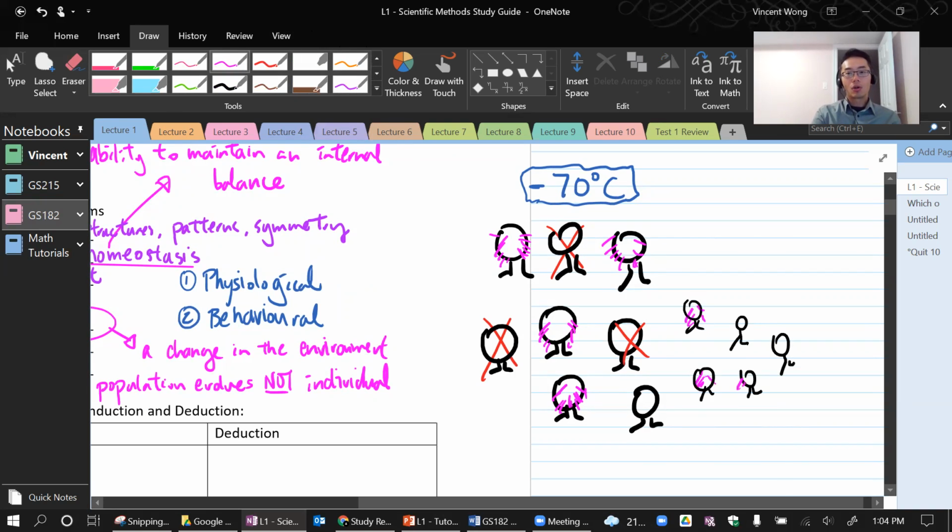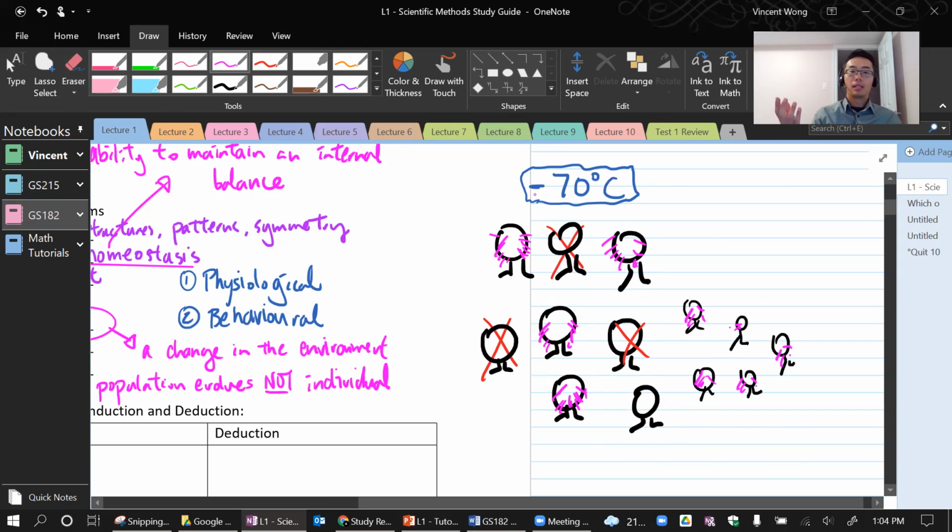So over several generations, you will have fewer and fewer of these naked ones, so to speak, and more and more of these furry ones. So you see the population has changed over time so that they are more adapted to the minus 70.